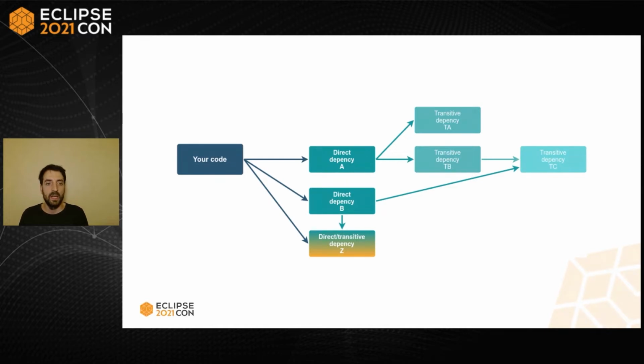And at the same time, a direct dependency can be also a transitive dependency. This is what you can see in my example here. It's the case for the dependency Z that is at both times a direct and a transitive dependency. So this builds up a kind of graph of dependency.